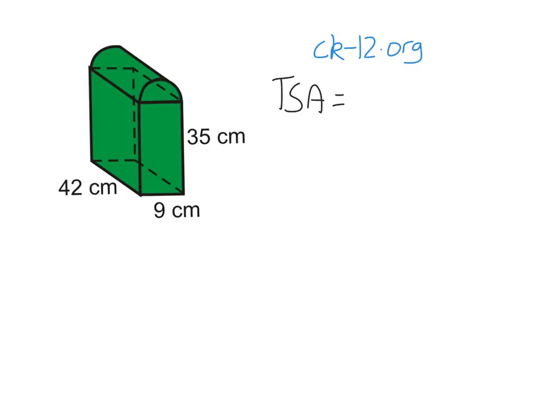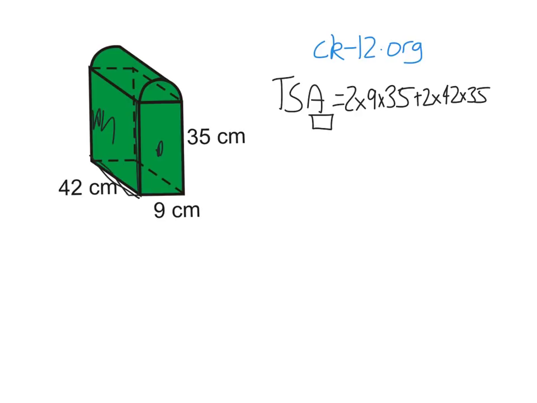So the front, this one here, and also the back of the rectangular prism, they're both 9 by 35. Okay? So I'll start with just the rectangular prism. So 2 times 9 times 35. And then on the sides we have 42 by 35, and there's 2 of those. But there's only one 42 by 9.